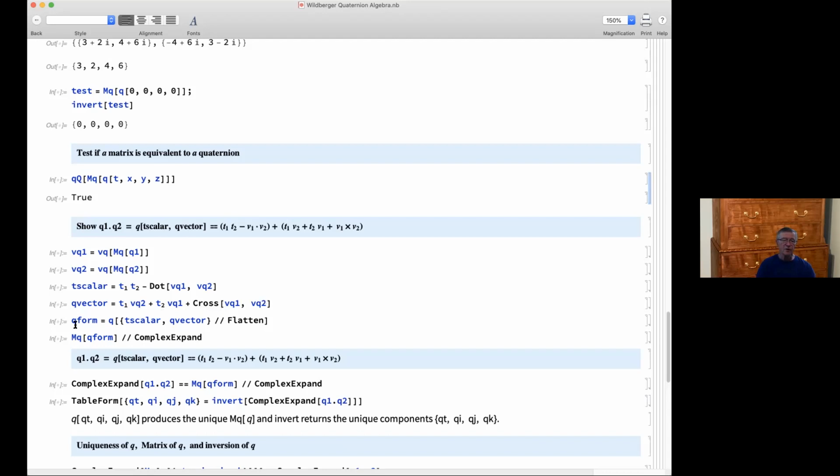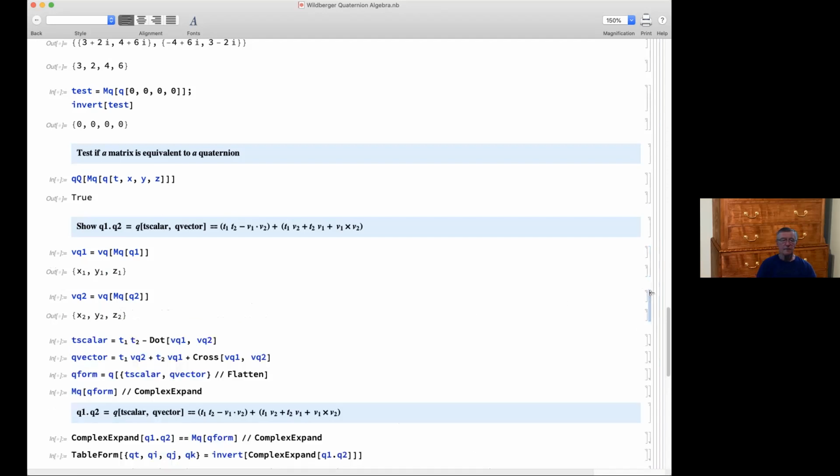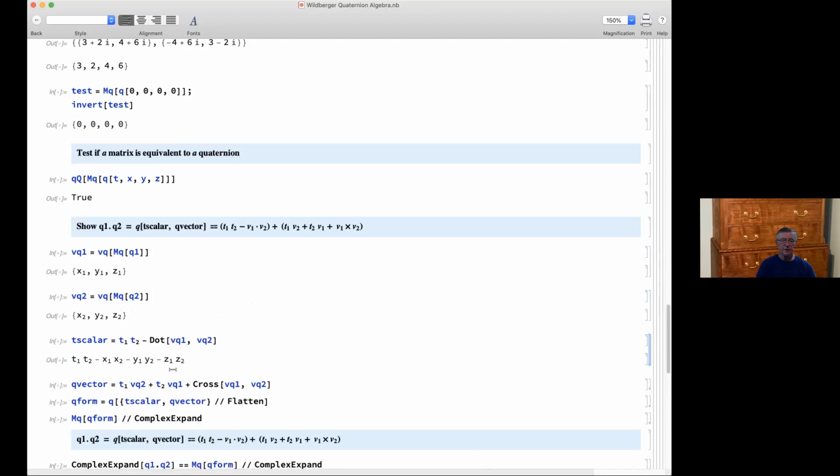And I form what's called Q form as the quaternion made up of T scalar plus the Q vector part. And then I find its matrix form and complex expand it. And what I'm showing here is the result of the pure quaternion, the second pure quaternion. Here's the product of T1, T2 and the dot product.